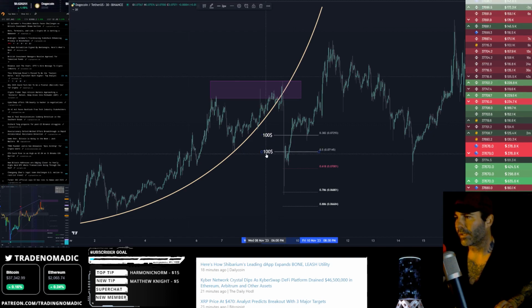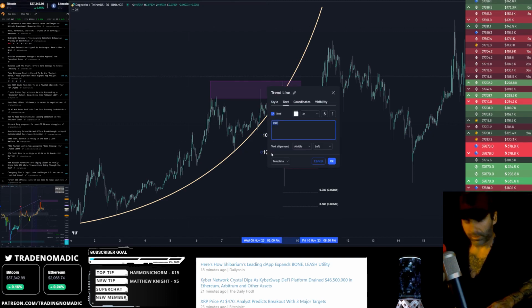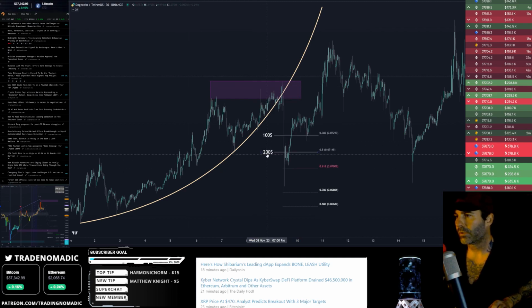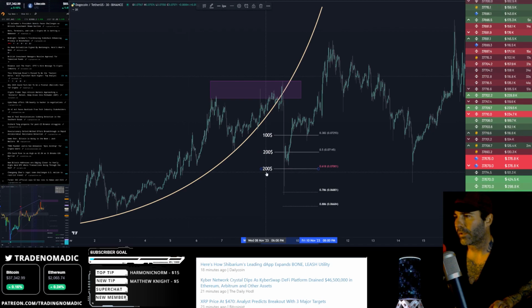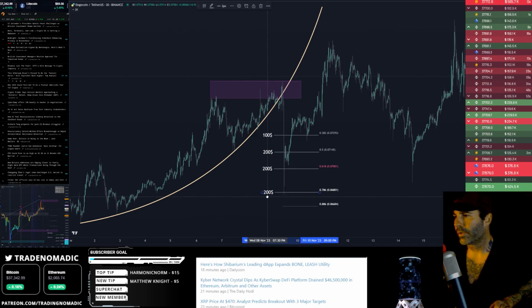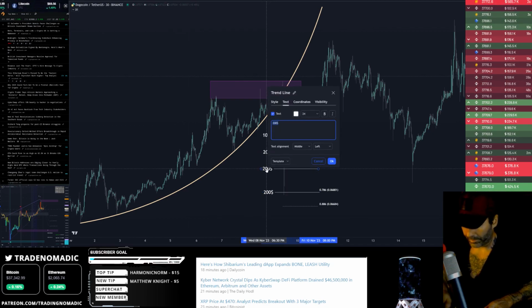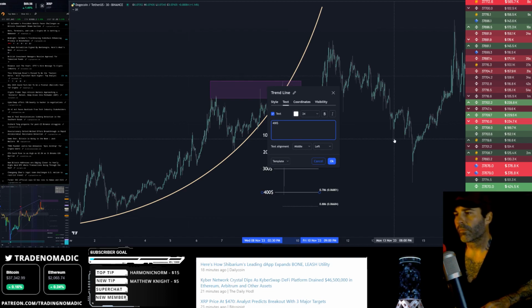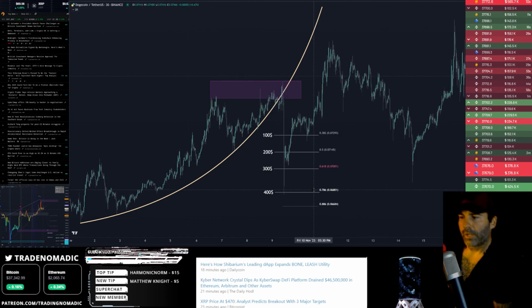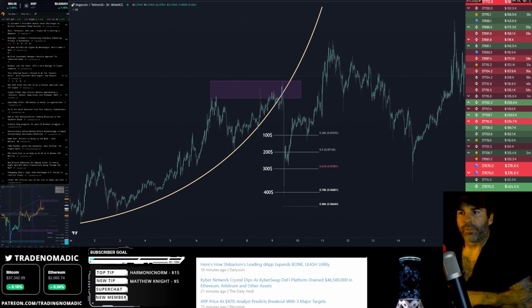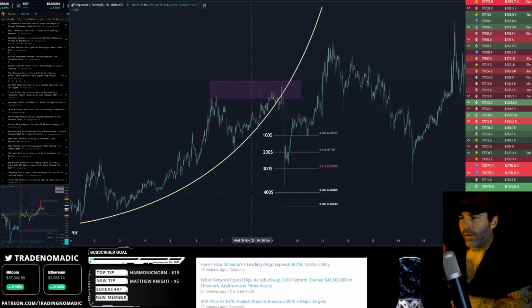We're going to buy $200 here. We are going to buy 300 and then 400. And then ultimately we have a $1,000 position now at this level.